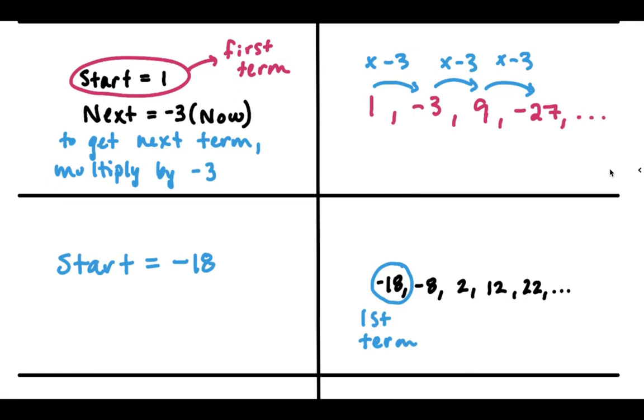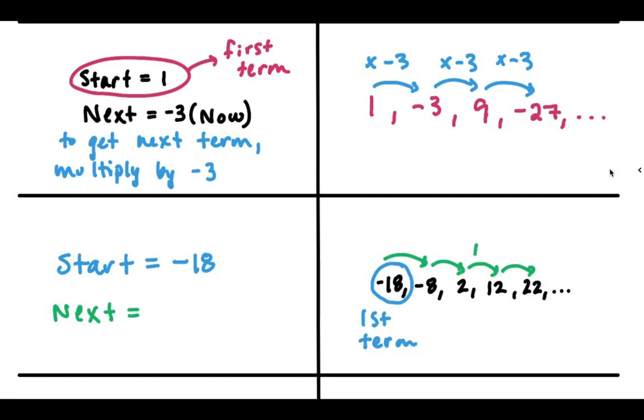Okay, now I want to know what is a rule for the next term. So I want to know, how do I go from -18 to -8, -8 to 2, 2 to 12, 12 to 22? What am I doing each time?